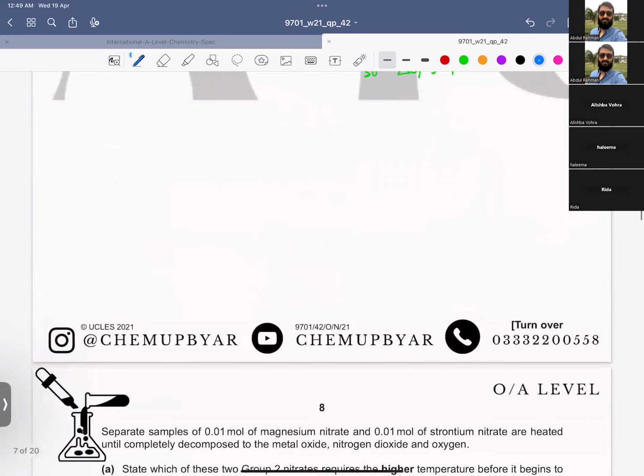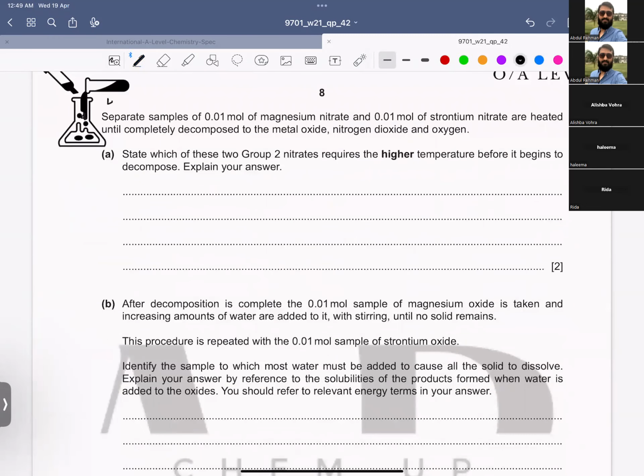Now, here we got question number 4. Separate samples of 0.01 mole of magnesium nitrate and 0.01 mole of strontium nitrate. Magnesium nitrate is Mg(NO3)2, and strontium nitrate is Sr(NO3)2.